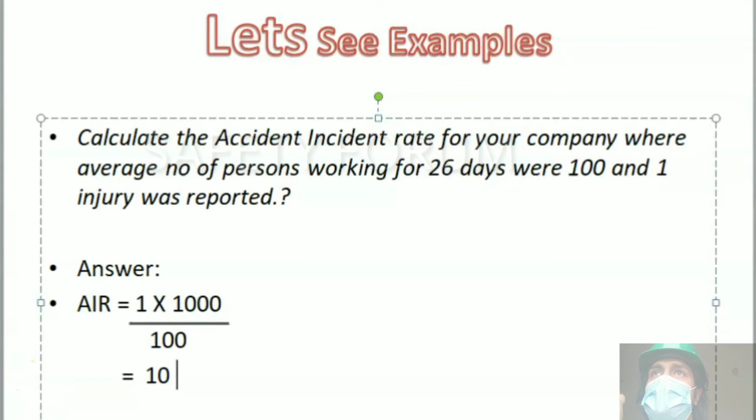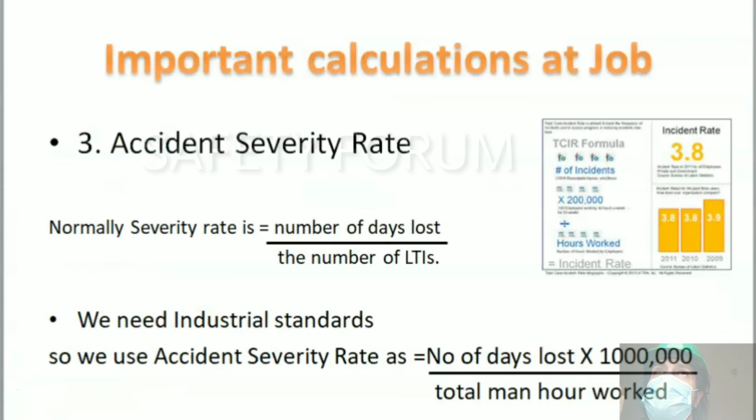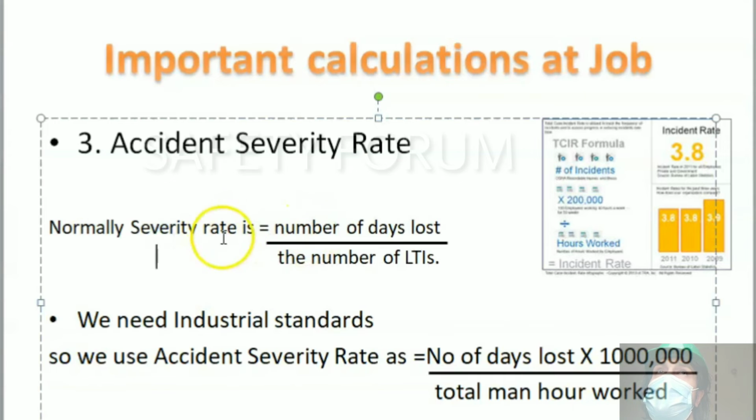Now let us see the next one, accident severity rate, which is very important. As I said in the beginning, when you talk about severity rate, it is the number of production days lost divided by the total number of LTIs, the injuries which happen in a company.